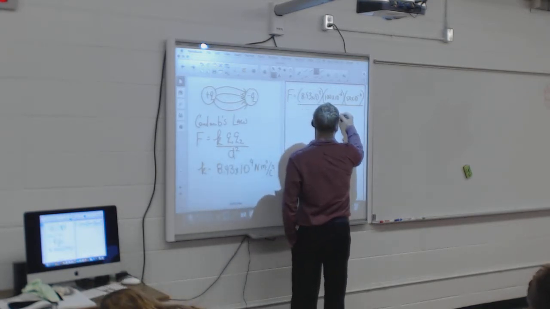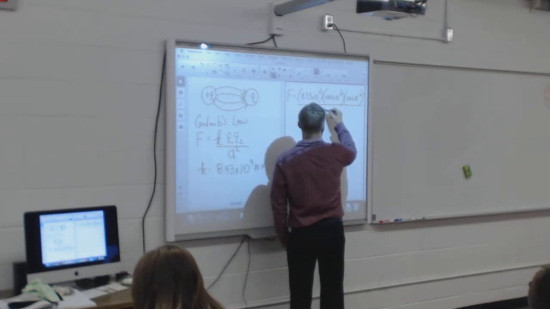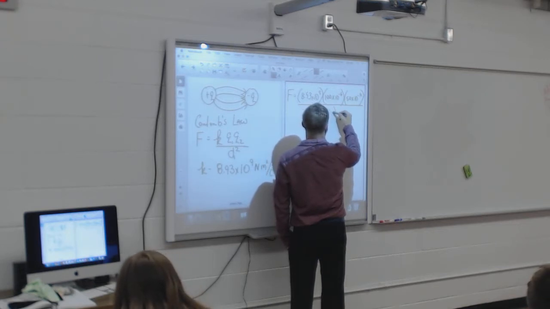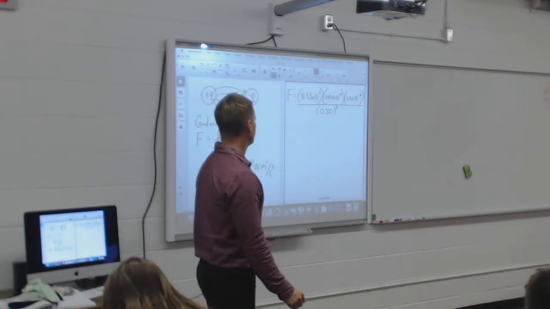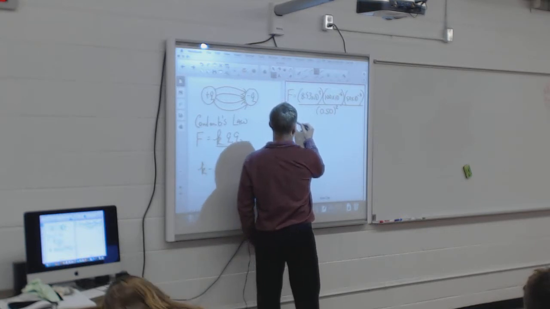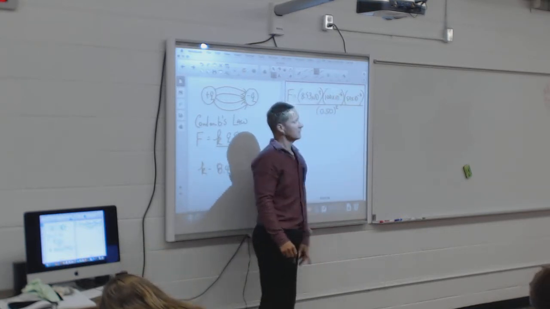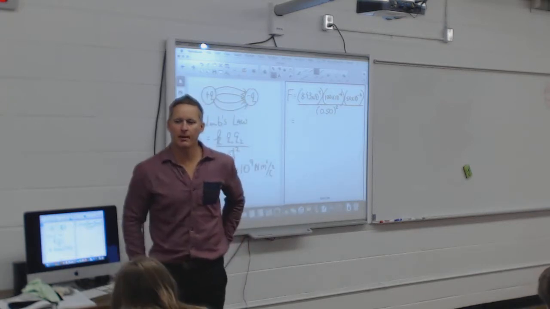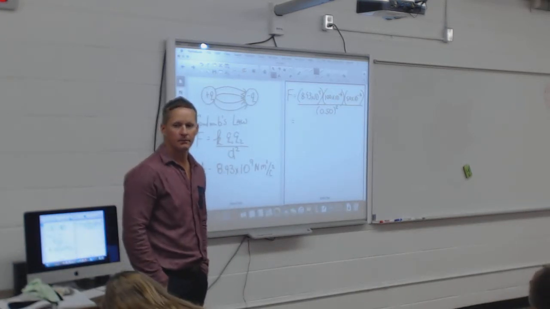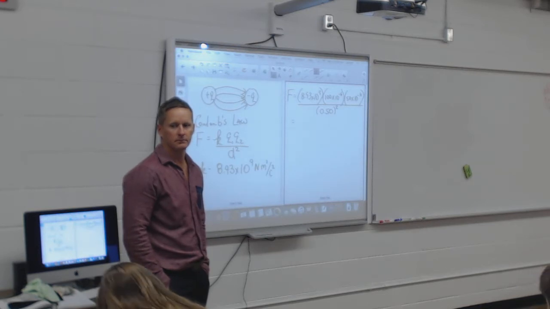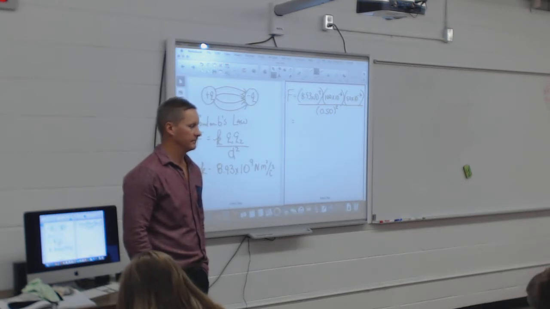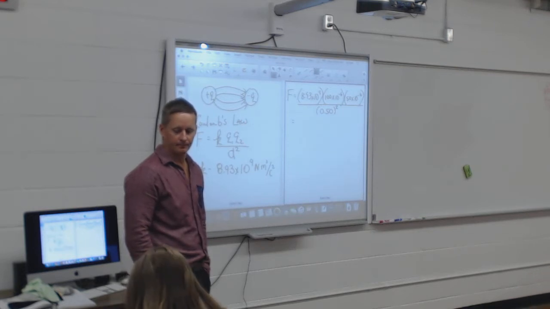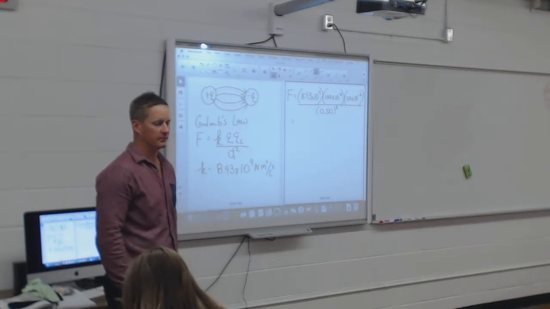And in meters, how far apart are they? 0.5, squared. I want everybody to punch this into the calculator, because we haven't done much work with the exponent button. Use your exponent button. It'll put it in scientific notation for you.